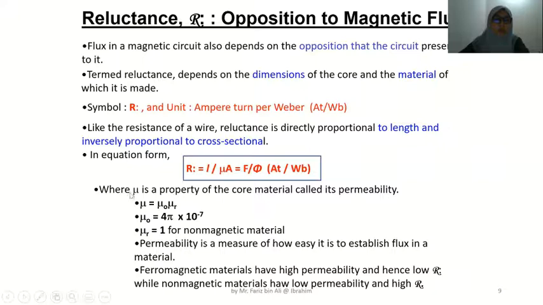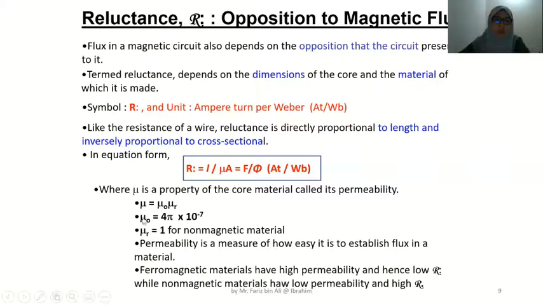Your permeability mu is equal to mu naught times mu R. The relative permeability, mu R, depends on the materials. mu R is equal to 1 for non-magnetic materials; for other materials, you can refer to the tables given.